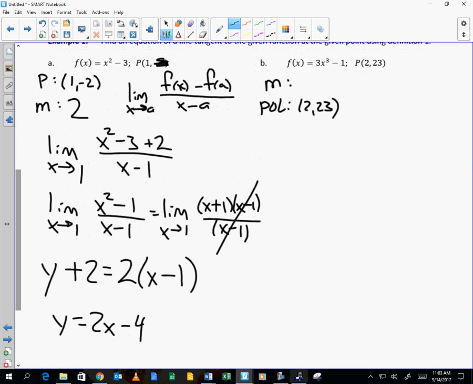Suppose I didn't know that the y value is 23. How would I figure that out? Plug in what? Plug in 2, and you're able to generate the value of 23.